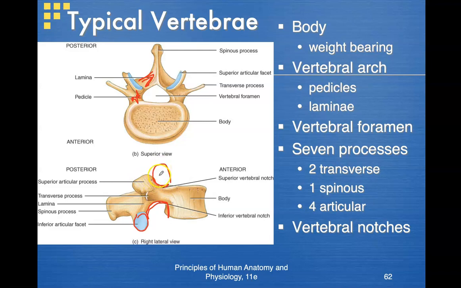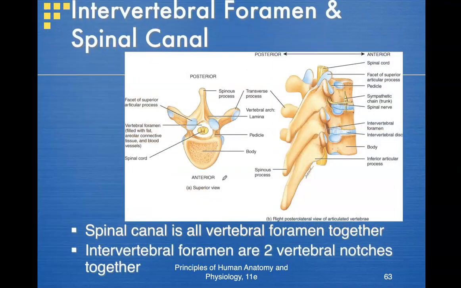And this is going to form what's called your intervertebral foramen. So think about intervertebral. Inter means between the vertebra. So this is going to be your foramen that are formed again in between the vertebra from, again, that inferior vertebral notch of the vertebra above, and then the superior vertebral notch of that vertebra below.